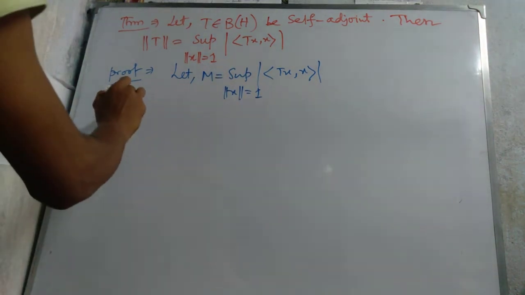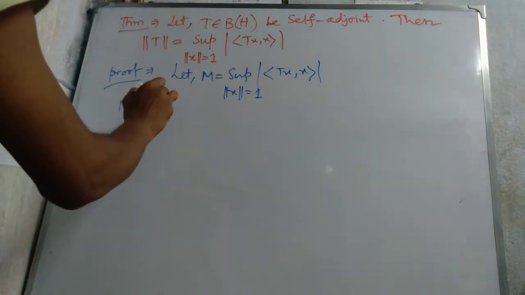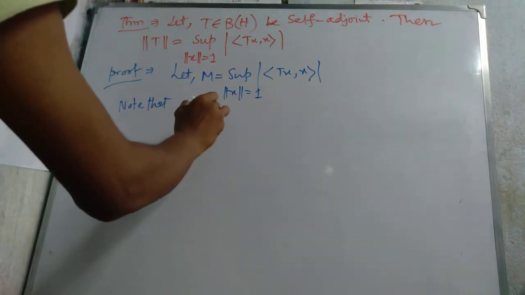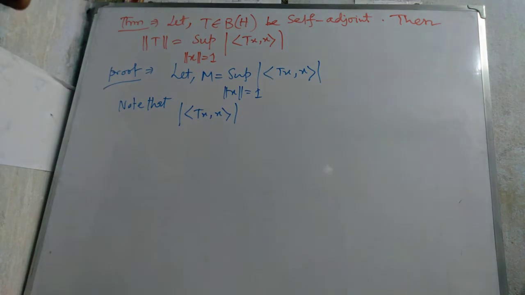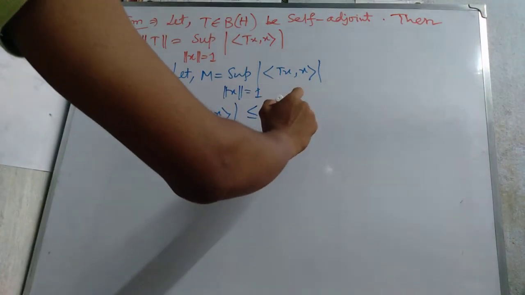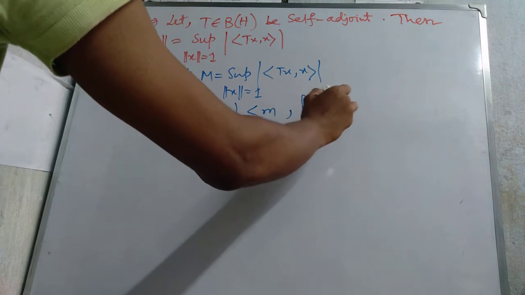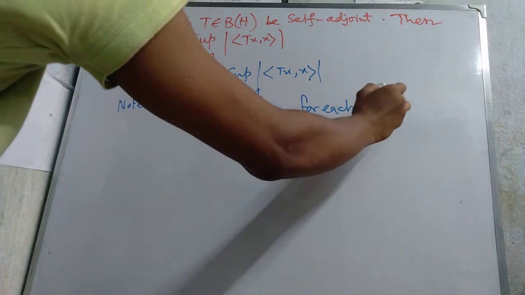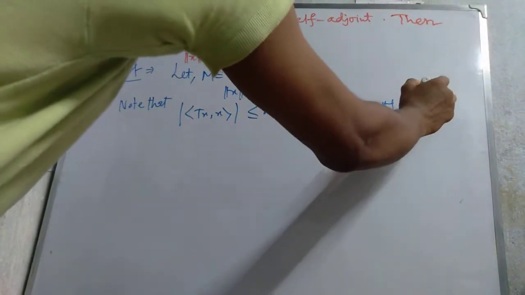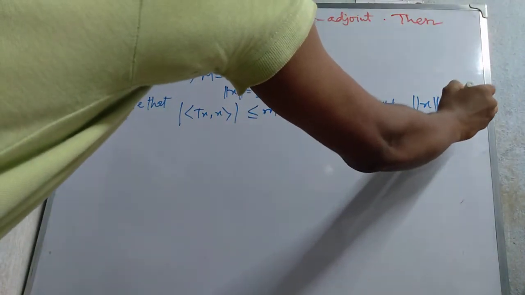Now note that the modulus of the inner product of Tx, x is less than or equal to m for each x belonging to H with norm of x equal to 1.